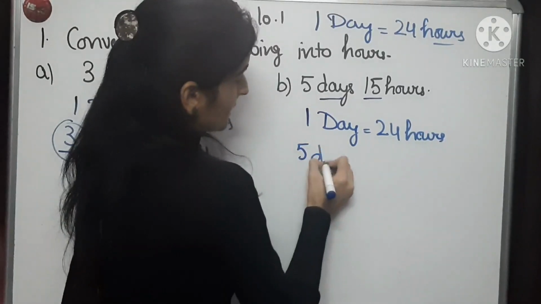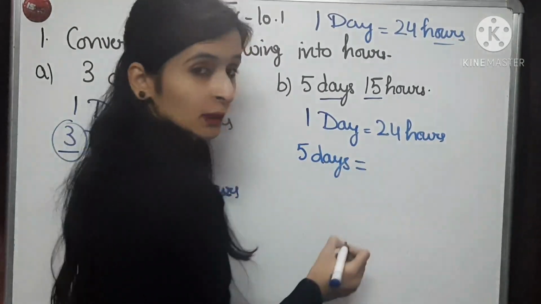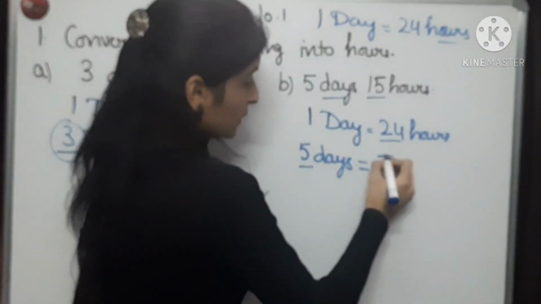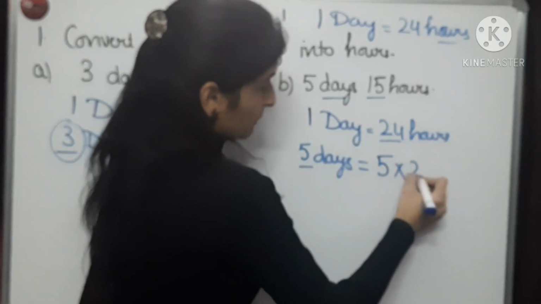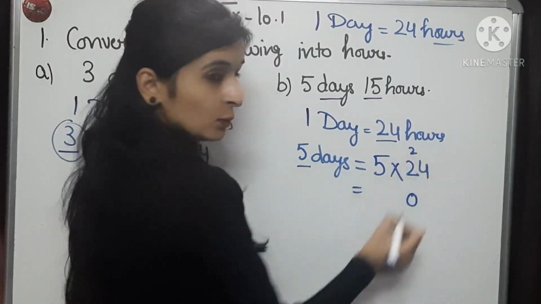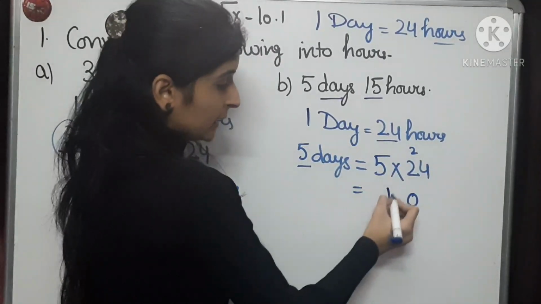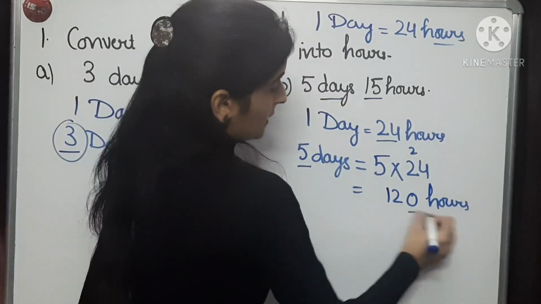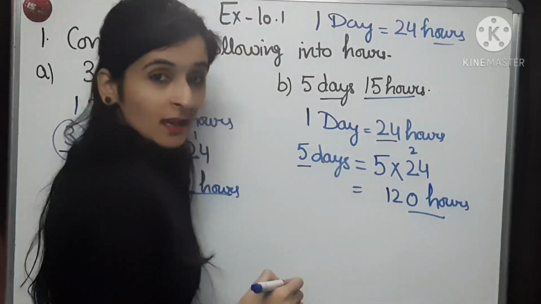Then 5 days will be equal to, we will multiply the number of days, which are 5, by 24. 5 4s are 20, 2 carry, 5 2s are 10, 10 and 2 is 12. It means 120 hours.